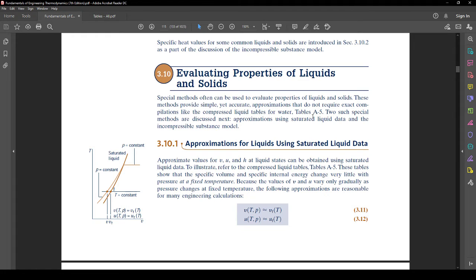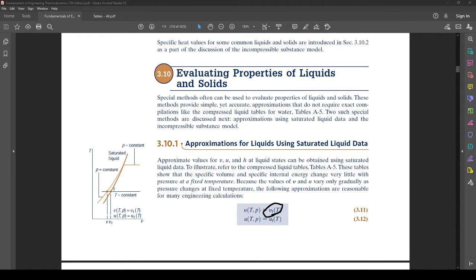So, really quickly, let's say you have a compressed liquid, right? A compressed liquid, and you have it at some temperature. You can say that the specific volume of what you're looking for at a temperature and pressure is equal to the v sub f value at temperature T. Now, really carefully, you notice how it said temperature T here.